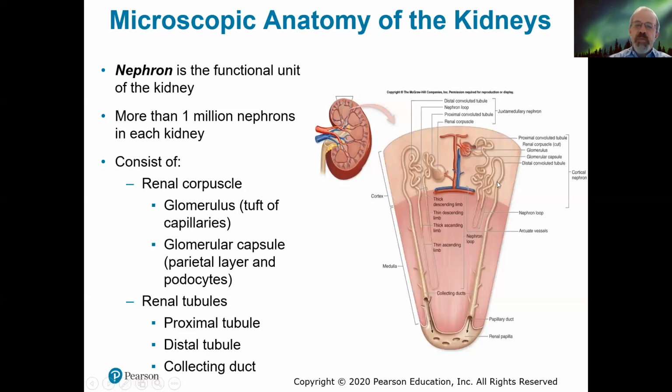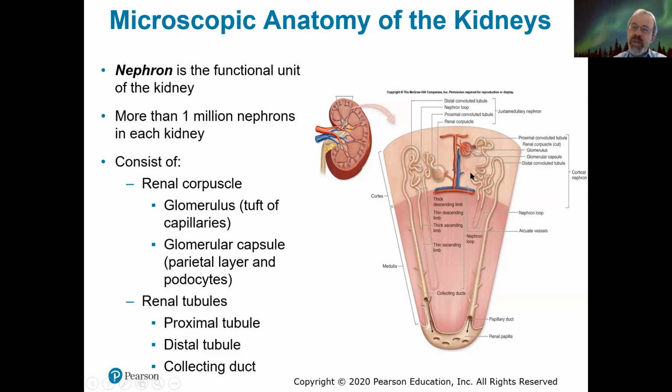What about these tubular structures? Well, that's in fact what they're called. They're called tubules. And we have two sets of tubules. We have what's called the proximal convoluted tubule, which is directly connected to the glomerular capsule. You'll see this on some other slides. It's called proximal because it's close to the capsule.